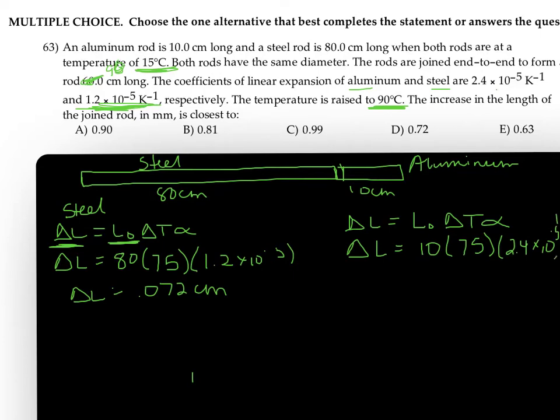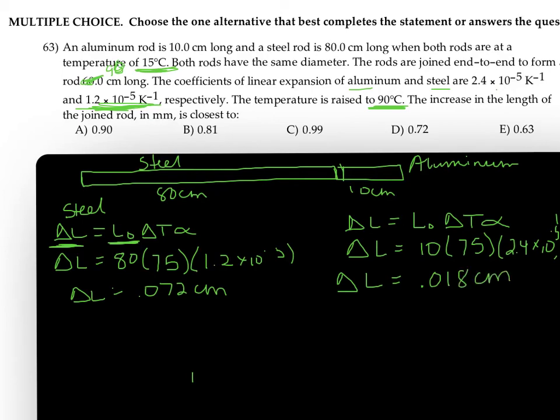The 2.4 times 10 to the minus 5, because that's actually a property of the material itself. So the change in length of the aluminum is 0.018 centimeters.